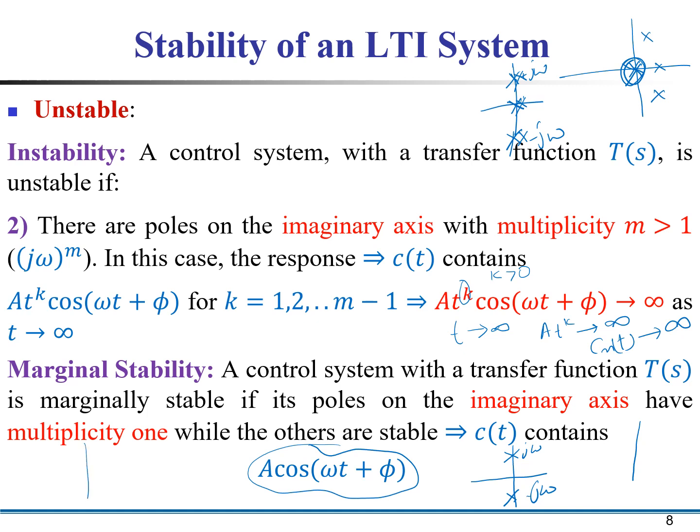Again, if I have a single pole over here and we excite this system by an impulse, the output of the system will be just a unit step function u(t). So u(t) is bounded. This means the system is stable because the system gives us a bounded output for the bounded input. To such a system we say that it is a marginally stable system.